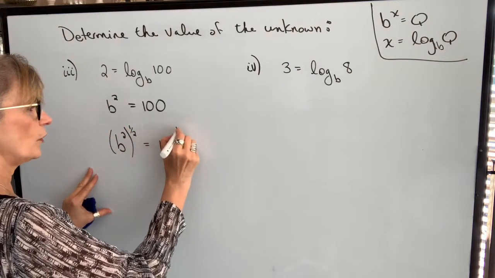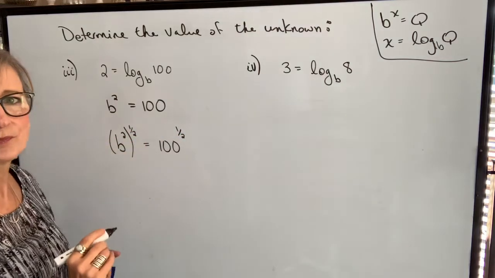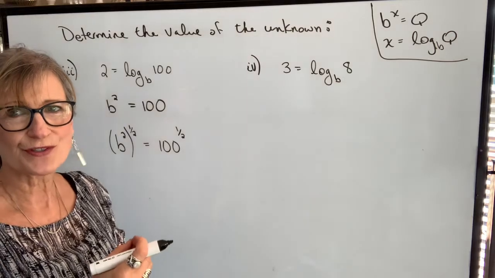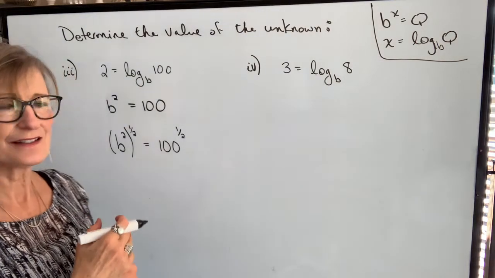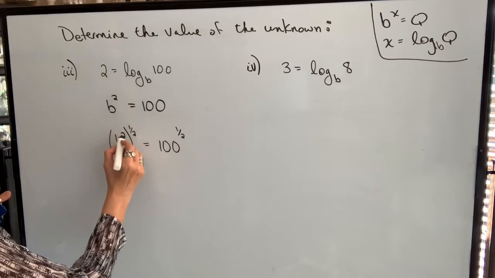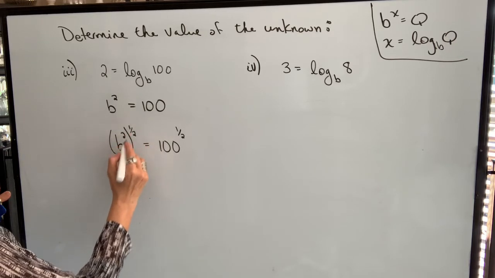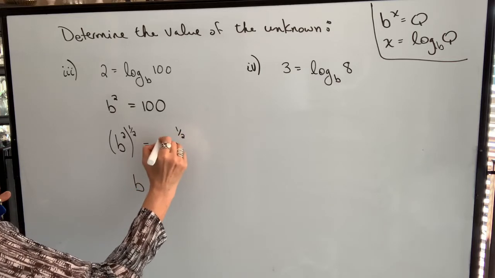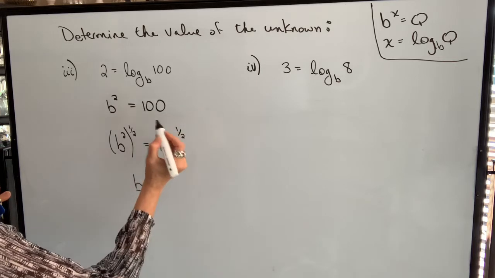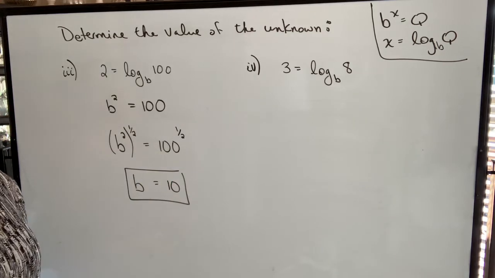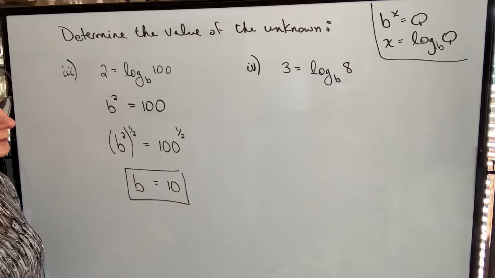In this case, what I'm doing is I'm taking the square root. But I'm showing you this method because sometimes your exponents are not going to be that easy, so we want a strategy. So b squared to the 1/2, we multiply those two exponents. So we get b to the 1, and 100 to the power of 1/2 is the square root of 100, which is 10. So b equals 10 is our solution.